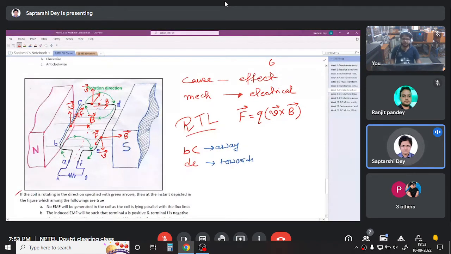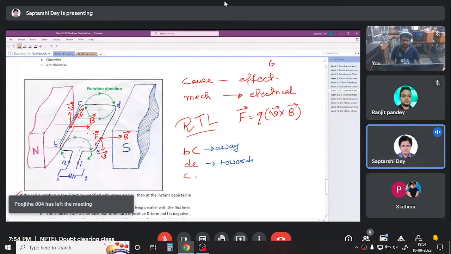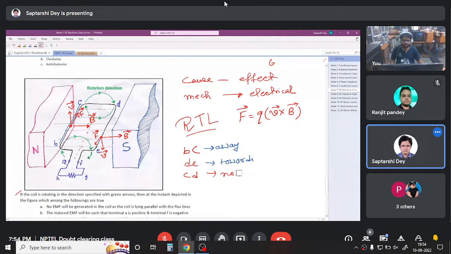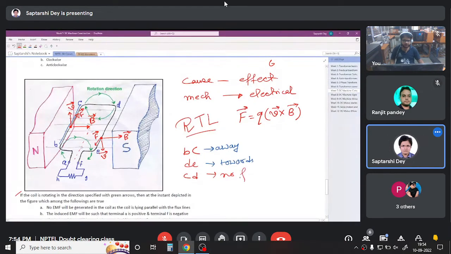But you see, a charged particle cannot leave its conductor. This charged particle will get a force that is forcing it out of the conductor, but it cannot go. So it will not go in this direction, it will simply stay here. It will apply some force on it, but it will stay here. So basically, all the conductors present in the CD sector are not experiencing any force.